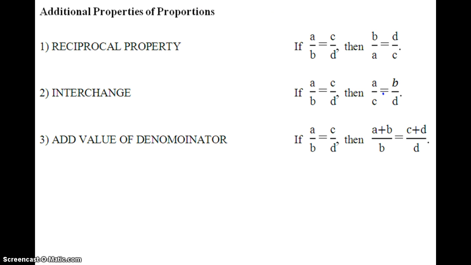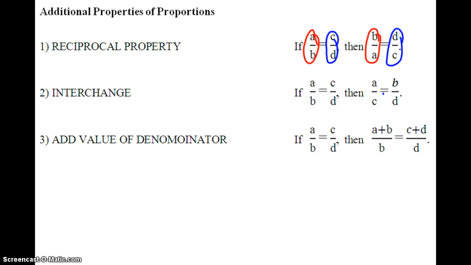All right, so we have some properties of proportions. We can write equivalent proportions by flipping both of our fractions, which are ratios. We can flip both of our ratios upside down and get the same.